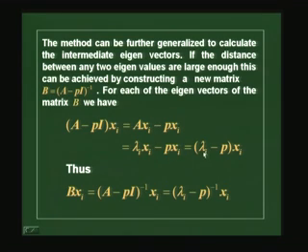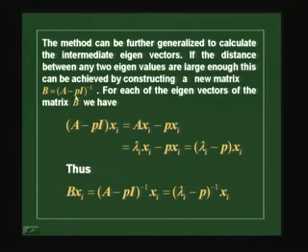So this is simply (lambda i minus p) xi. So if I construct the eigenvalues of B, they will be (lambda i minus p) inverse.